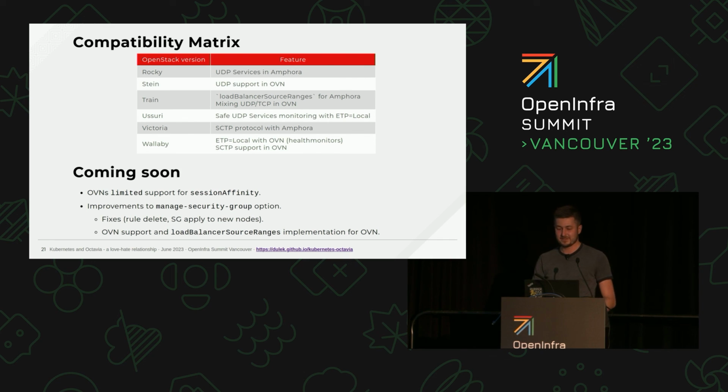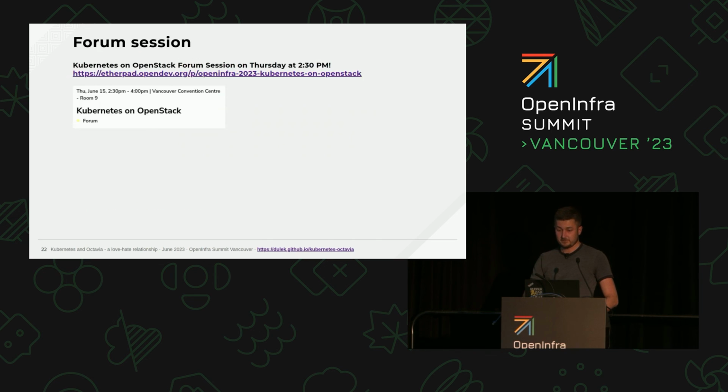That's something that needs to be added as well. And then this work might result in support for load balancer source ranges for OVN. So I'm just a developer working with the QE team. So I don't run Kubernetes on OpenStack, but I think you do. And there might be a lot more corner cases and problems that you've encountered.